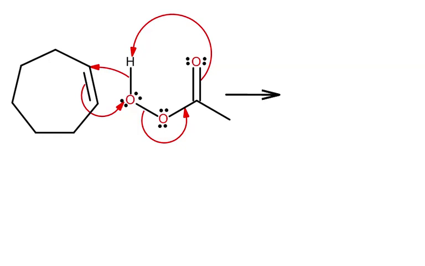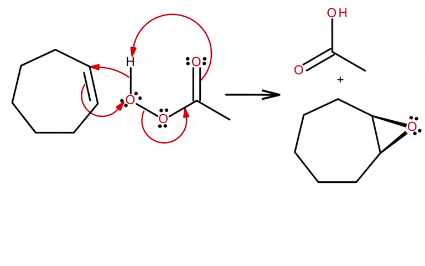All the bonds switch and break and change in a single step, so we avoid the production of a carbocation and go straight to that endoperoxide product. With a little bit of carboxylic acid as a side product as well. So that's the first step of our reaction, producing that endoperoxide.